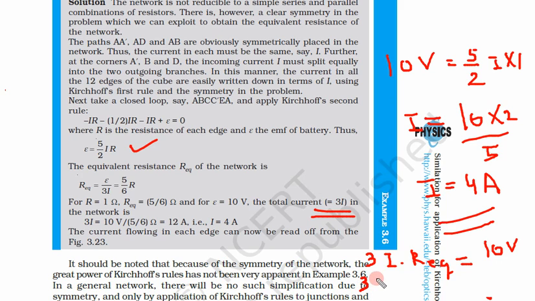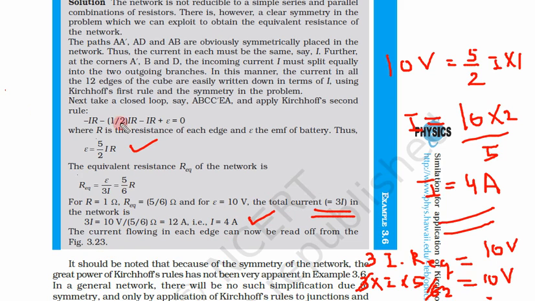So 3 into I, R equivalent was 5 by 6. If you cancel this, this is 2. So 5 by 2 I is equal to 10 volt. Again we get the same result: I is equal to 4 ampere.